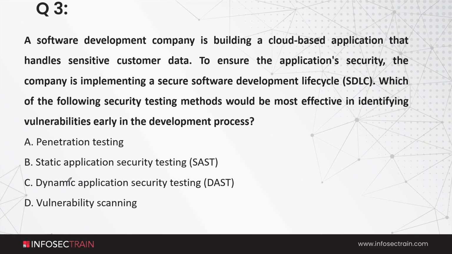DAST is a process where we test the application for vulnerabilities. Again, team, for the examination, be very clear with the concept of SAST, DAST and IAST. Different types of testing, unit testing, functional testing, SAST, DAST, IAST, are all very important for us to understand.